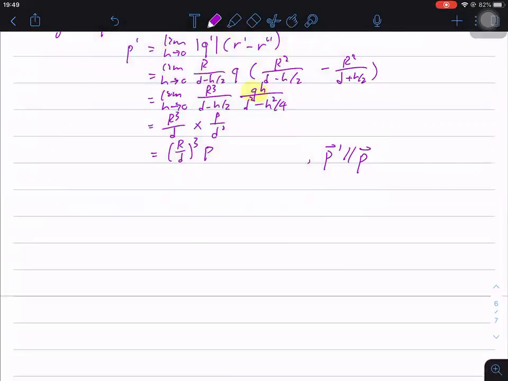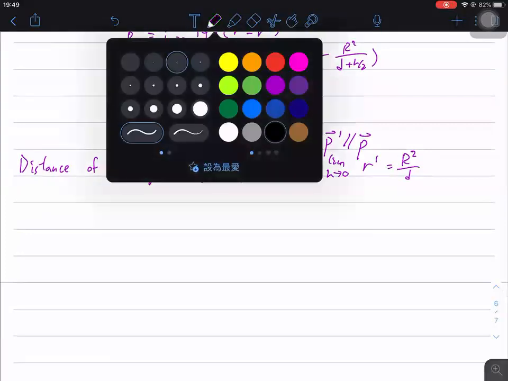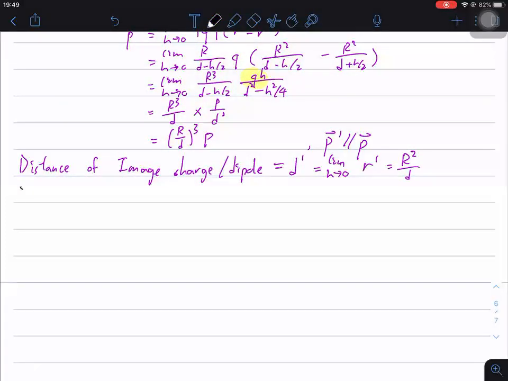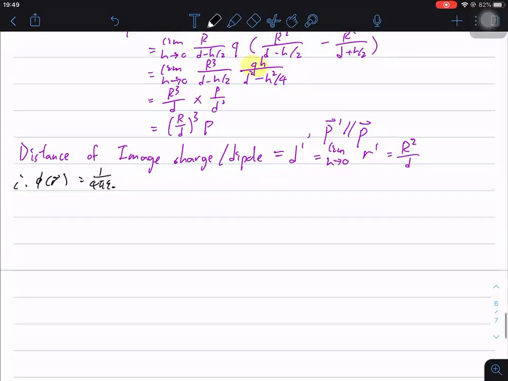And also the distance of the image charge or image dipole is, well, you just have to take R prime and take the limit h tends to 0, and it is equal to R squared over D. So this time we can write down the potential just like before.